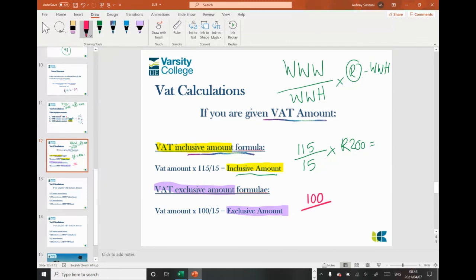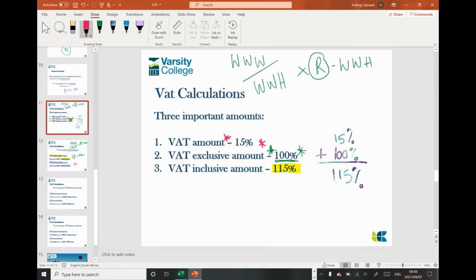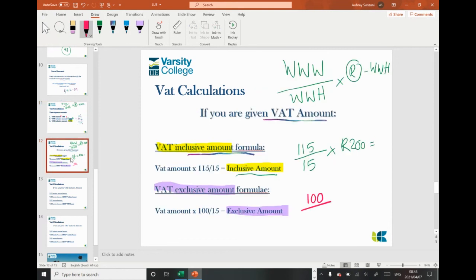Remember this slide over here? We said the VAT exclusive is 100. So we're saying here 100 divided by what we have, which is 15, times again what we have, the rand amount, which is 200, and then we would get the VAT exclusive amount.